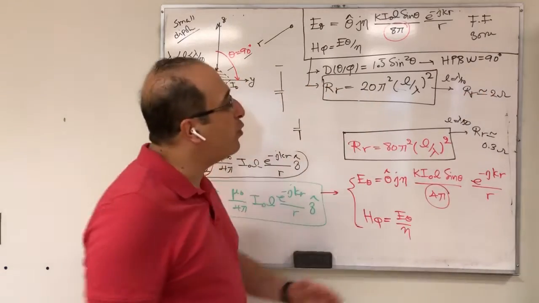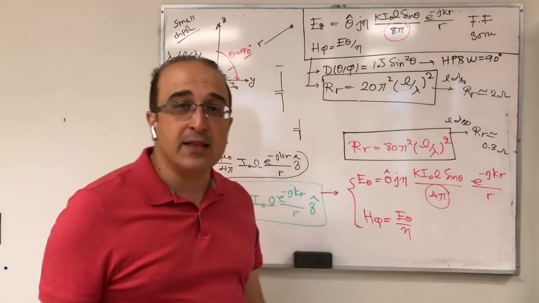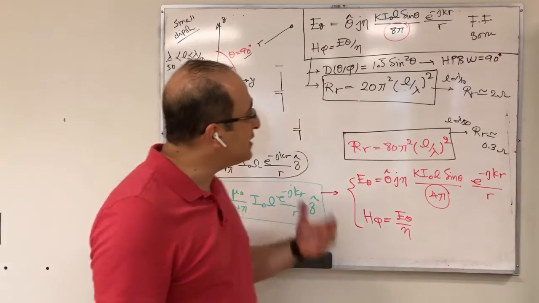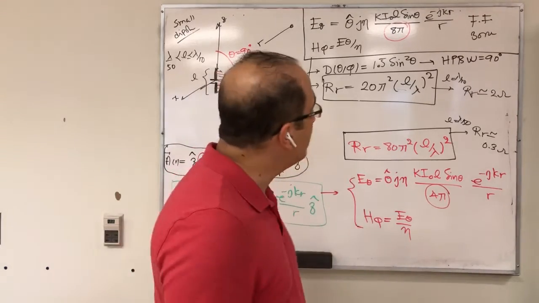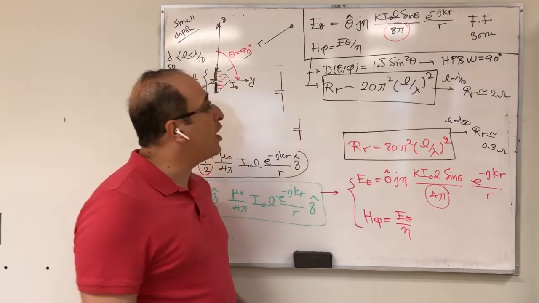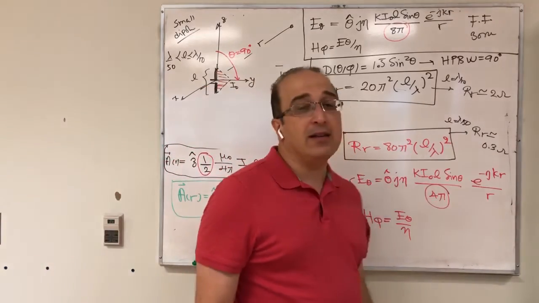So you see, from 0.3 ohm, we arrived at 2 ohm. That's the increase in radiation resistance, and it tells you that you have more radiation in this case. So a small dipole antenna is a better antenna if you compare these radiation resistances.